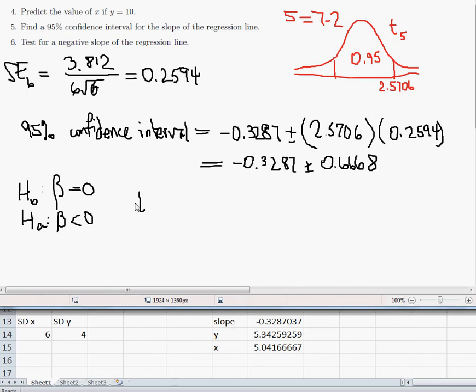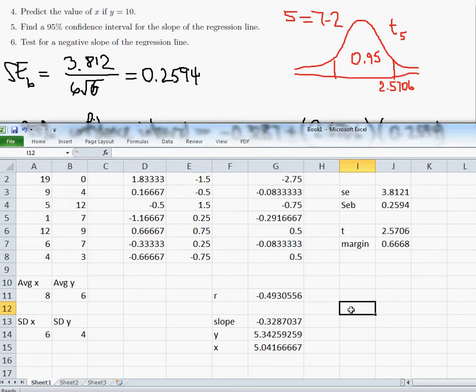And so the t statistic would be equal to the observed slope minus the expected slope divided by the standard error for the slope, and so this gives us a new t-value of the slope, which we found to be here, divided by the standard error for the slope, for negative 1.267.